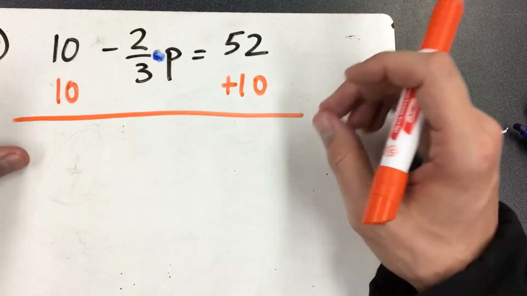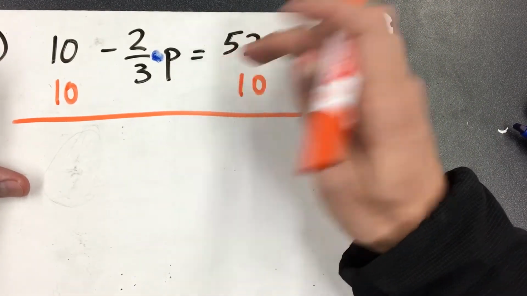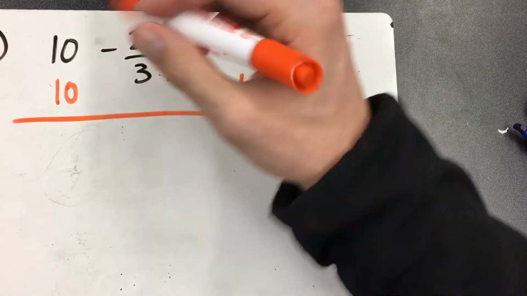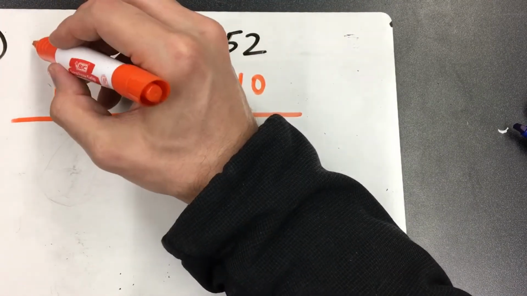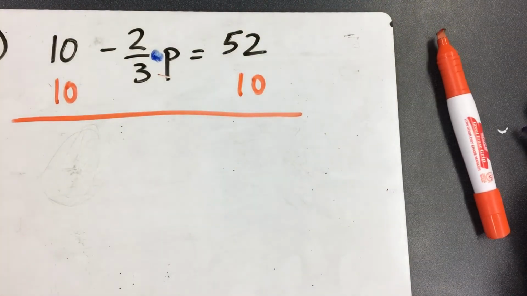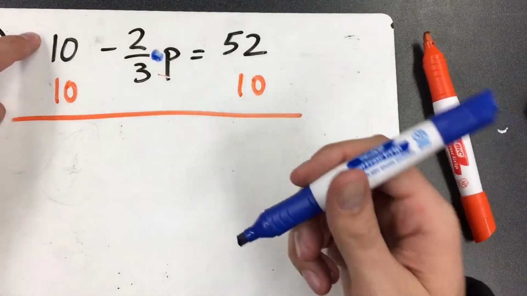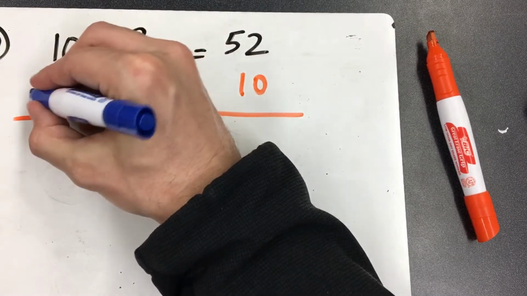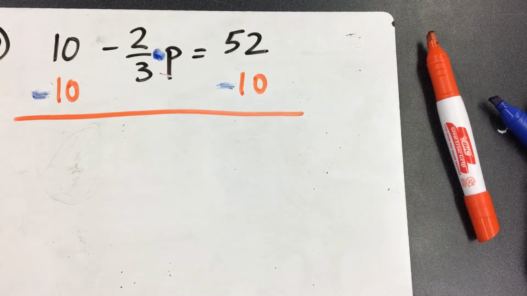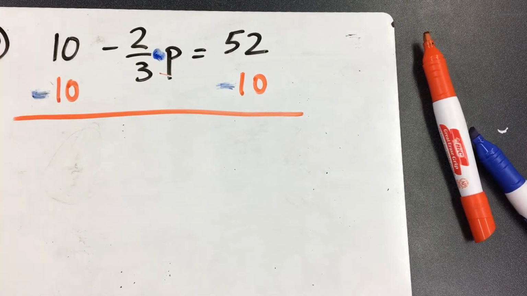So I really don't want to do plus 10. If I'm being honest with you, this subtracting goes kind of with the 2/3. This is a positive 10, right? They didn't put a plus sign on it, but this is positive 10. The way that I can undo this is not with adding. I need to do minus 10 to cancel it out, right? That's going to undo my number over here.